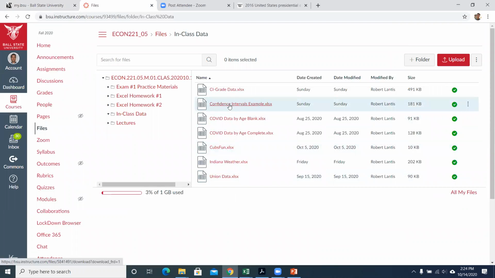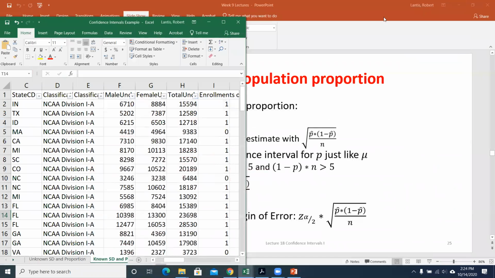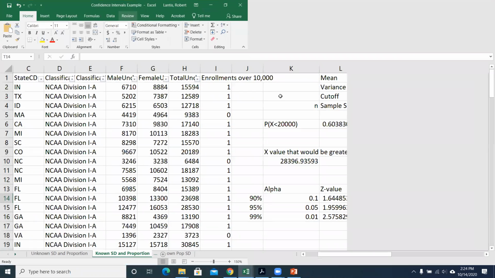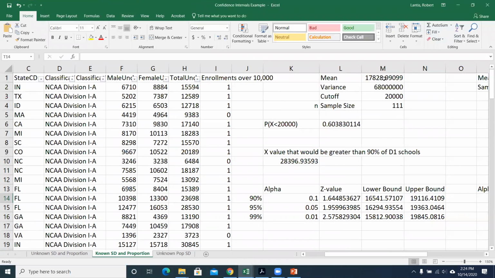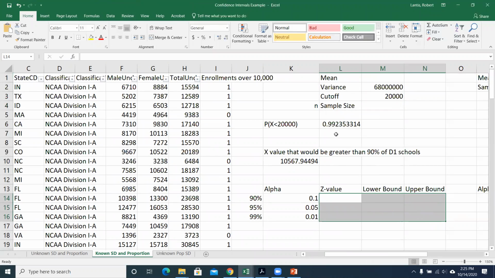There's this confidence intervals example. If we open that up, I'm going to delete this and this. I'm then going to delete these, and we're going to create this. Don't worry about this. This was some stuff I was doing not for this specific example. It'll be something we'll talk about later.